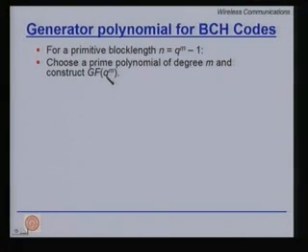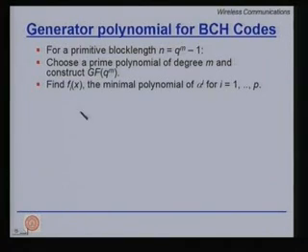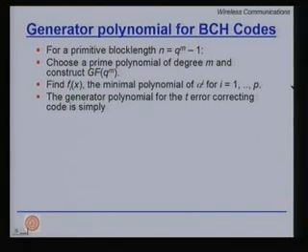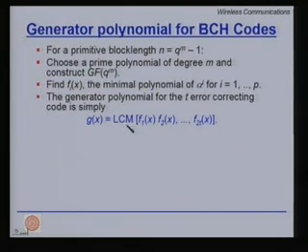So, keep in the back of your mind that we are constructing, for example, GF(8) from GF(2), where q is 2 and m is equal to 3. Find fi(x), the minimal polynomial of alpha raised to the power j for i equal to 1, 2, 3, 4 up to p. The generator polynomial for the t error correcting code is then simply given by LCM of f1(x), f2(x) up to f2t(x).